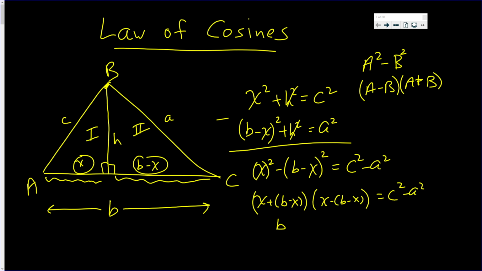On the left side we just get b, because x plus negative x is 0, plus the b. And in the right bracket we get x minus negative x, which is x plus x. Let's not forget to take away the b. And the right side is still the same: c squared minus a squared.